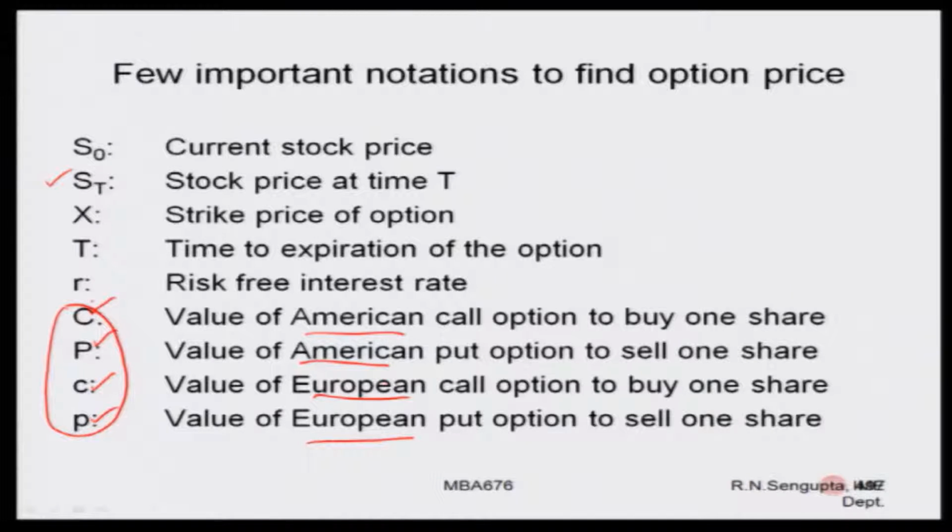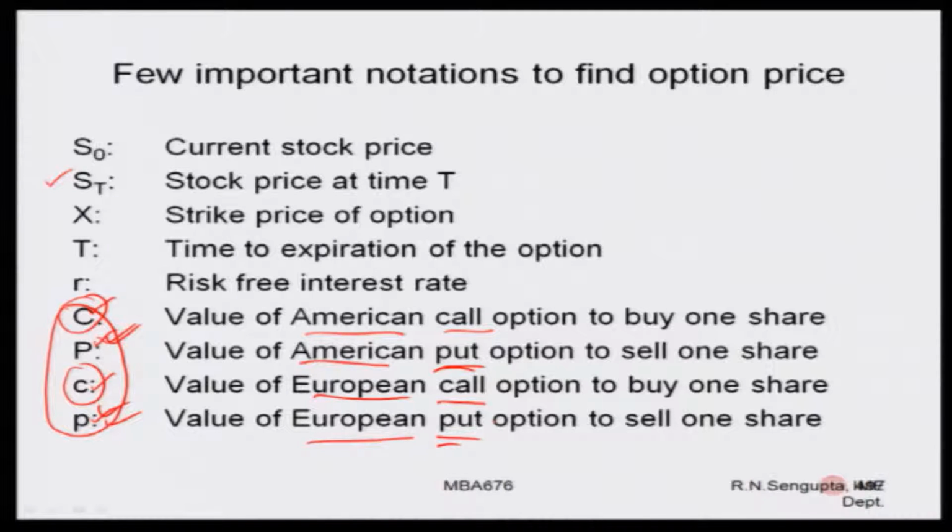Point number 2, also remember C is being used for a call option and P is being utilized for a put option. So, obviously, the capitals are being used, again I am saying, for the American one, small symbols are being used for the European one, C is being used for the call and P is being utilized for the put.